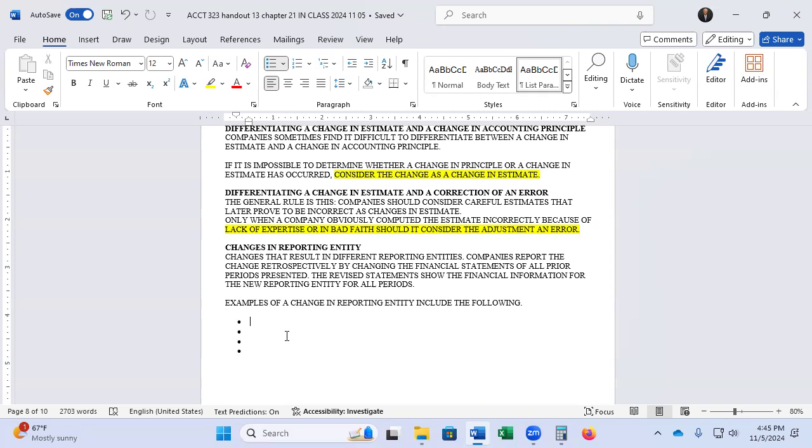So changes in reporting entities, examples of changes in reporting entities. We talked about this. So consolidated financials versus standalone. Changing subsidiaries that are consolidated.